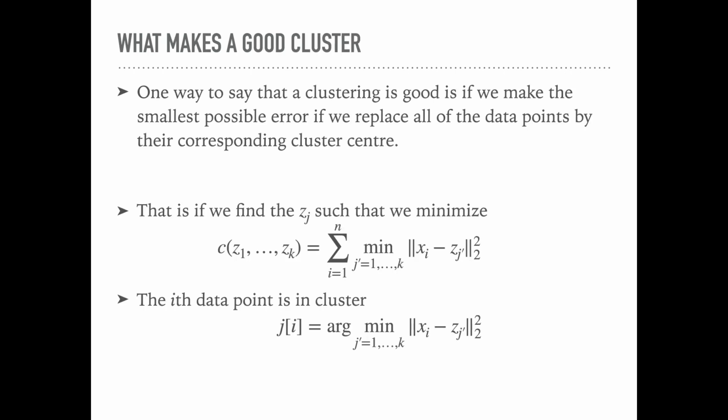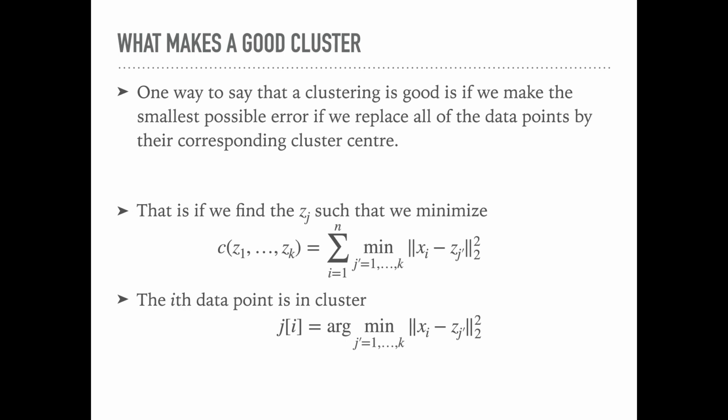So we need to recall our question of how do we tell if a clustering is any good. One way that we can do that is to say that a clustering is good if we make the smallest possible error that we could make if we replace all of the data points by their corresponding cluster centers. That is, if we find a set of Zs that minimizes this somewhat complicated cost function.